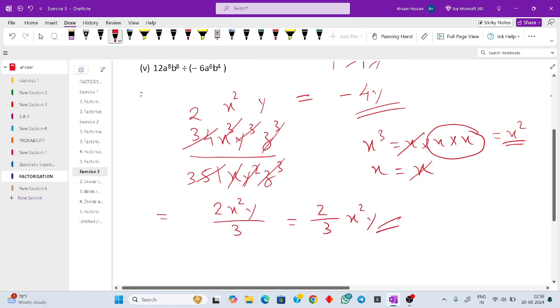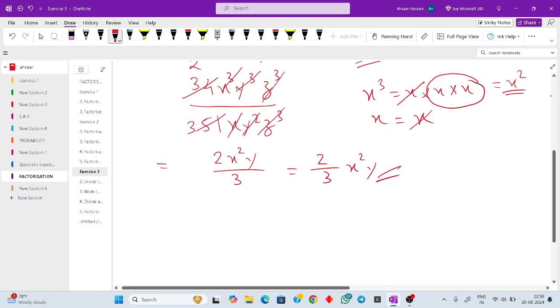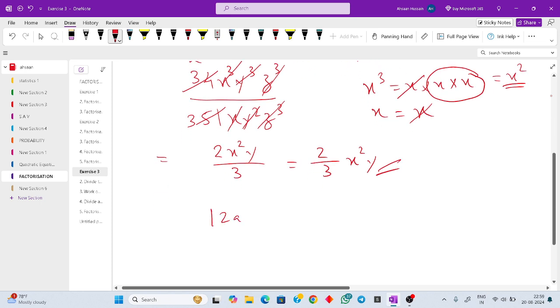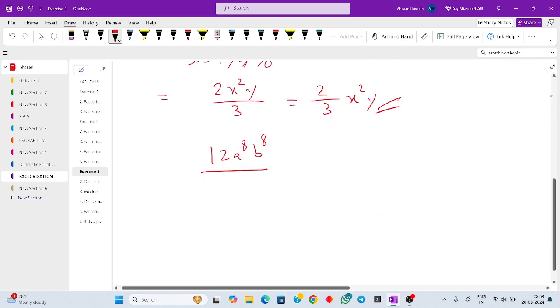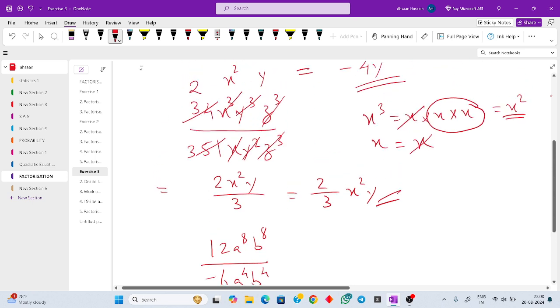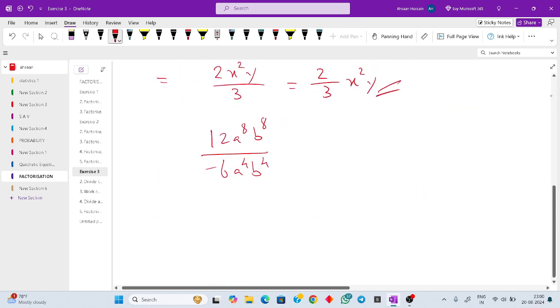The last question is 12a power 8 b power 8 divided by minus 6a power 4 b power 4. So there are 4 b's and there are 8 b's. If you cancel these two, b power 4 is left here.